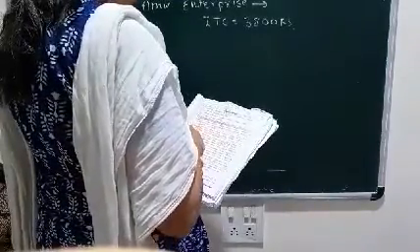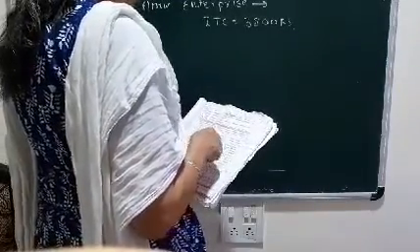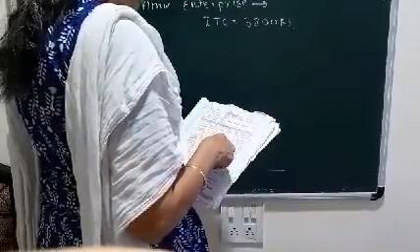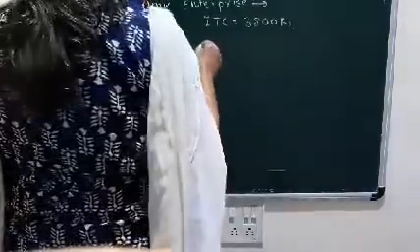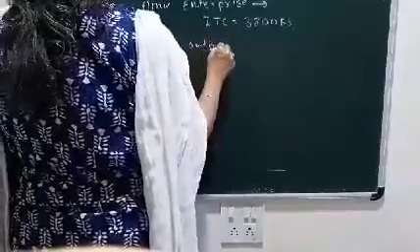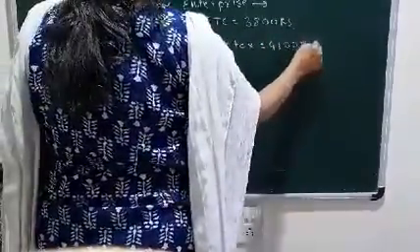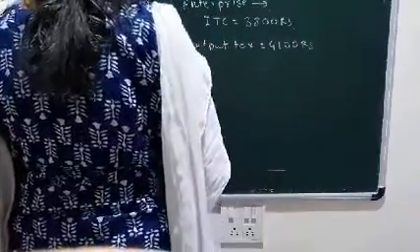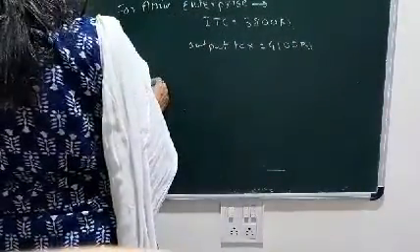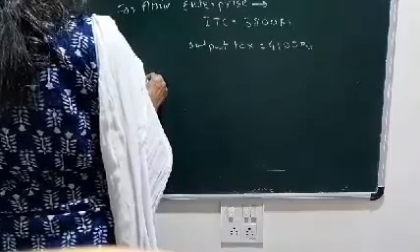So for Amir Enterprises, the ITC will be 3,800 and the output tax will be 4,100. So what is the GST payable for Amir Enterprises?